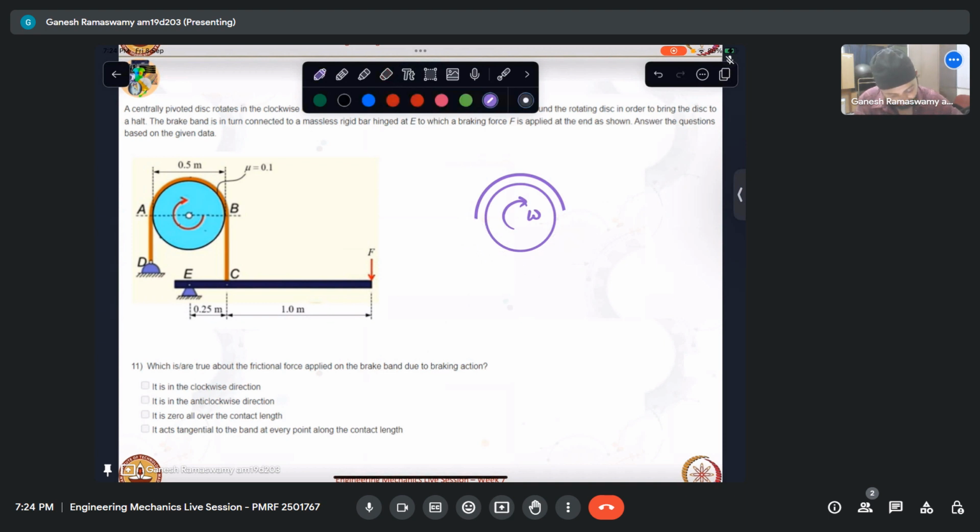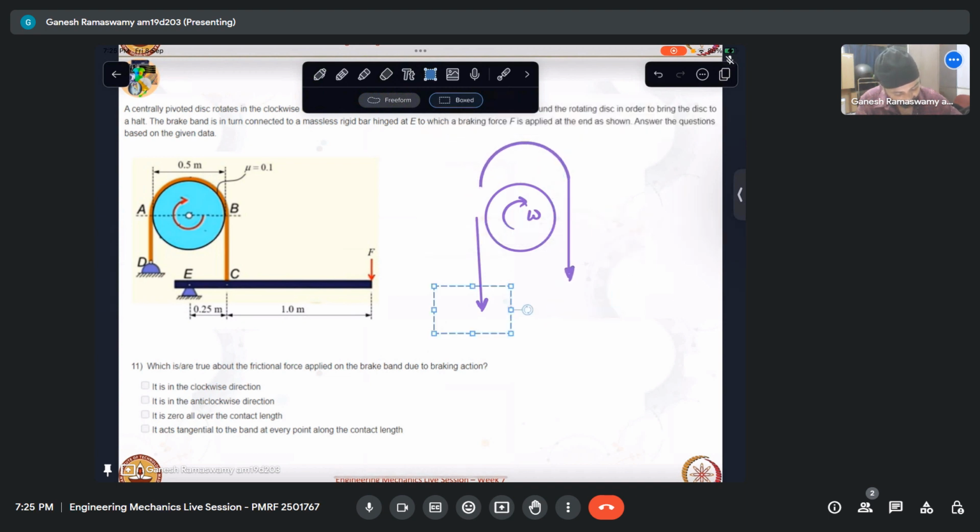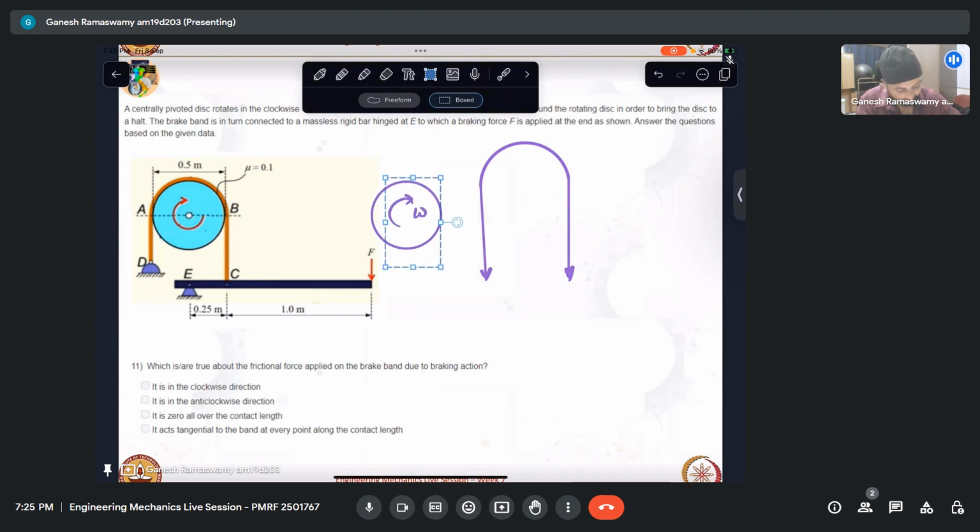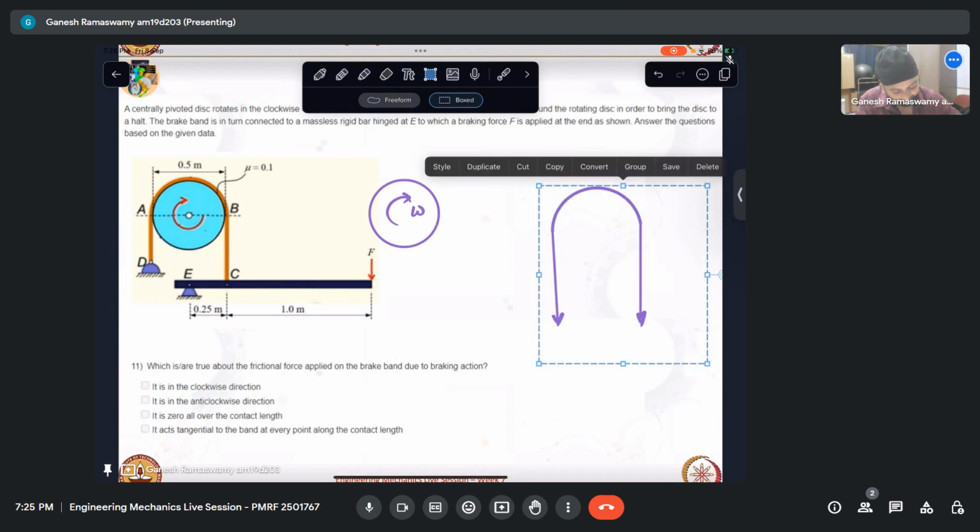Let this be the brake band, and let this be the disk. So let me put the disk here and the brake band there. Okay, so it is like this.